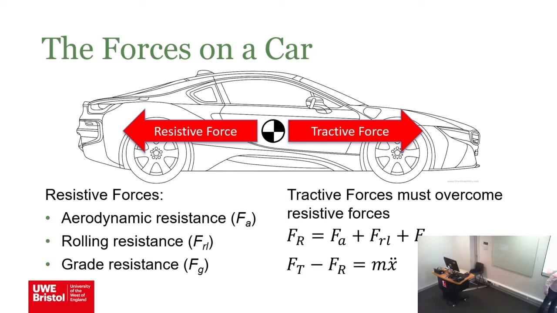The sum of all the forces, assuming x is in the positive direction, this direction, tractive force minus resistive force is going to be mass times acceleration. That all makes sense, okay, is that clear? And so you can rearrange, you can put all these things in for FR, you end up with Ft, which is our tractive force provided by the engine, minus the aerodynamic, the rolling resistance and the grade resistance equals your mass times acceleration. Okay.